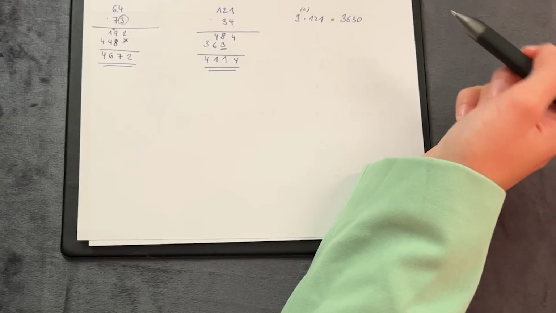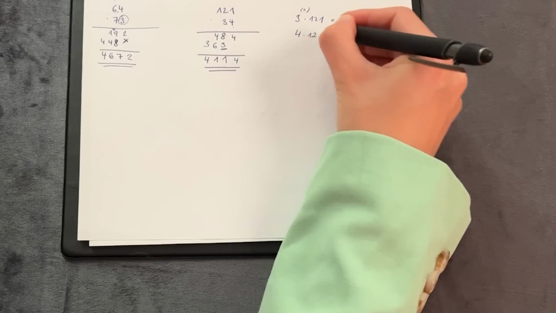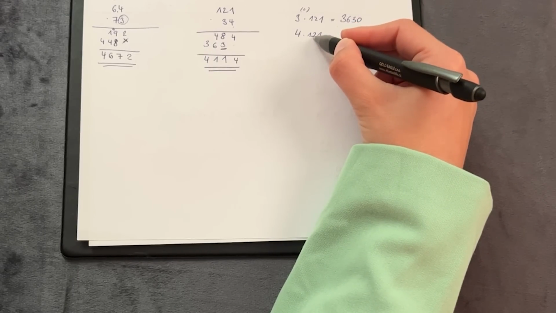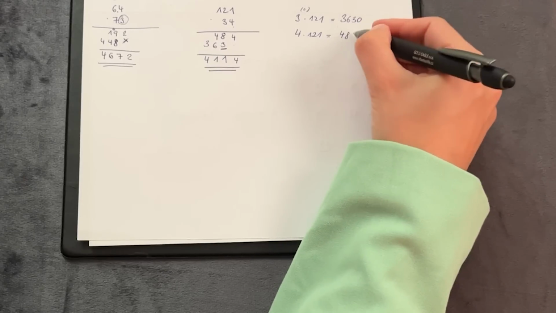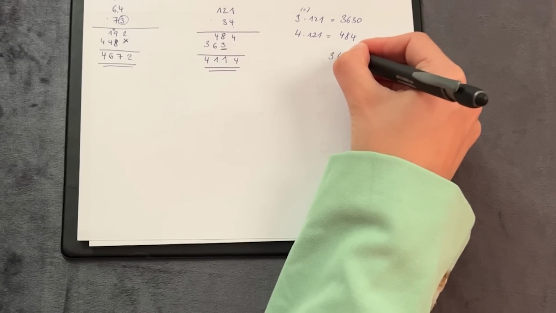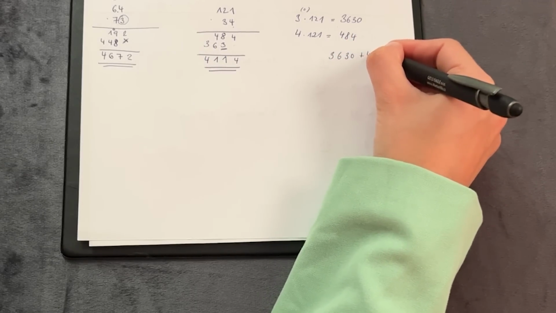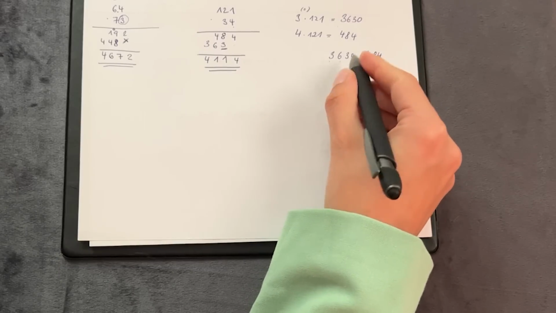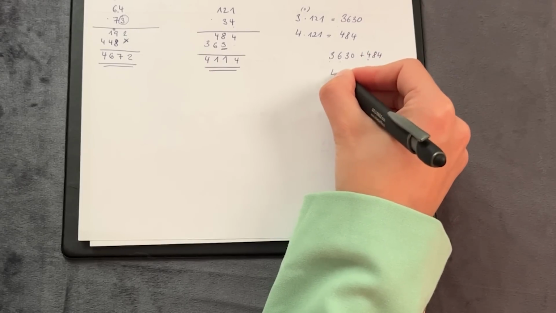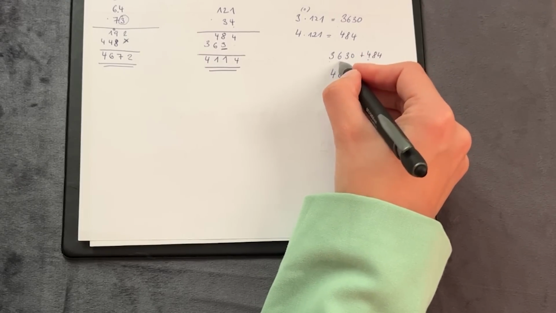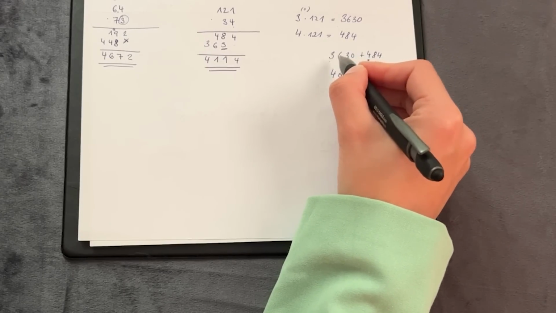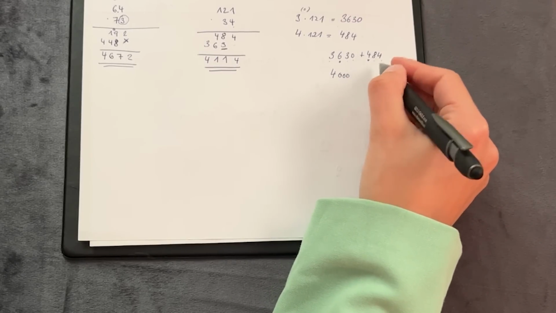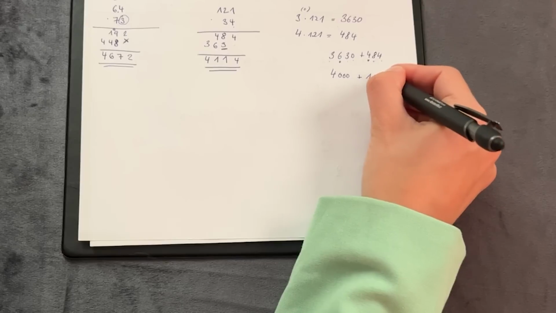And now we will do 4 times 121, which is 484. 3,630 plus 484. 3,600 plus 400 is 4,000, and now 30 plus 84, and that is 114.